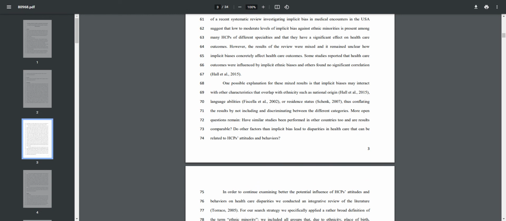Not too sure I know how to pronounce the surname. Okay, so instead of saying, in the sentence I'm looking at here, "one further explanation for these mixed results is, in the implicit biases," you could now say "one possible explanation provided by," and you put the name of the author, "is that," and you can go on.